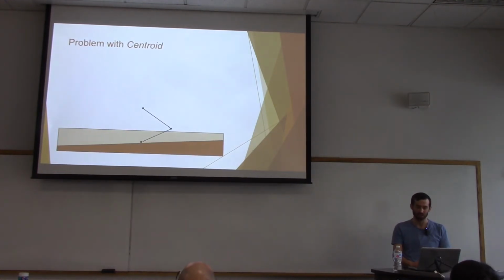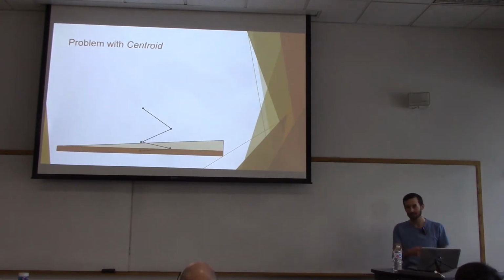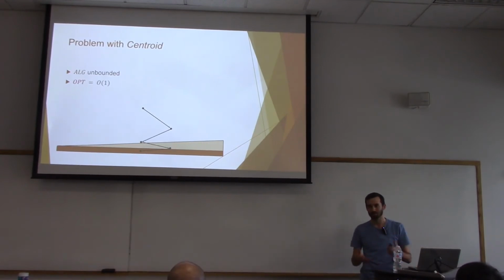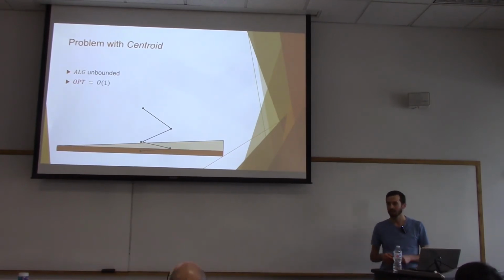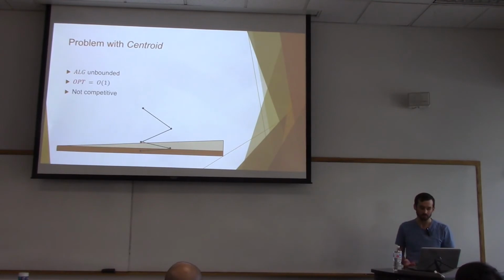Then I'll give another slanted trapezoid, and I'll always have a little space to make this trapezoid that will force the center of gravity to go some constant fraction of the width of this rectangle over, and just keep repeating this process. Since I'm always moving a constant fraction of the width of the rectangle, I get an unbounded cost on my algorithm, whereas the cost of the optimal algorithm is bounded just by the diameter of the initial set. So this is not a competitive algorithm.